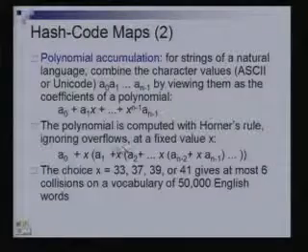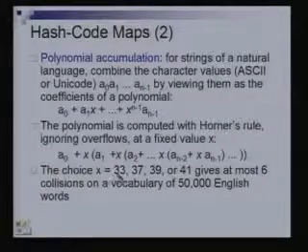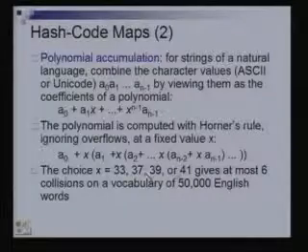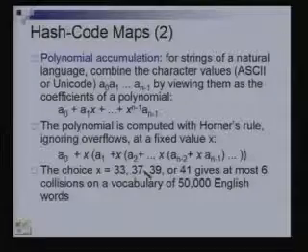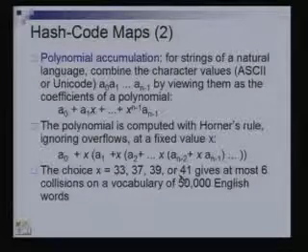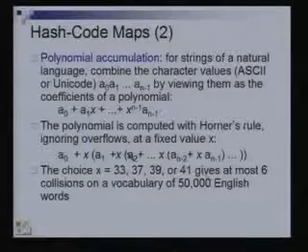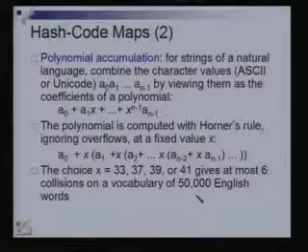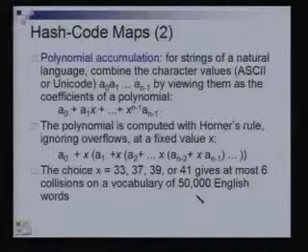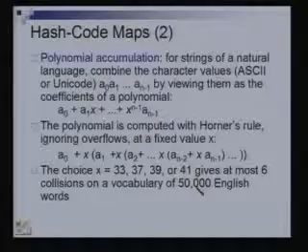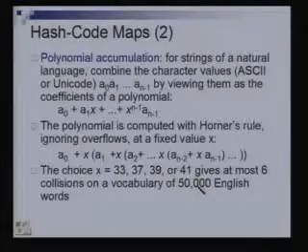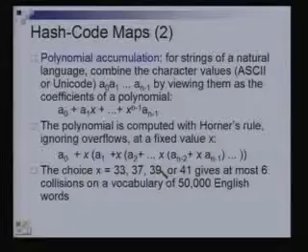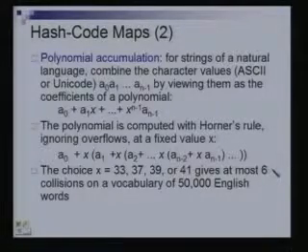So evaluate this polynomial at some integer value. This is experimental stuff, so people have looked at and found that if you work with x as 33, 37, 39 or 41, and if you take, let's say, an English dictionary with about 50,000 words in it, and use this technique to convert your words into integers, then you will not get too many collisions.